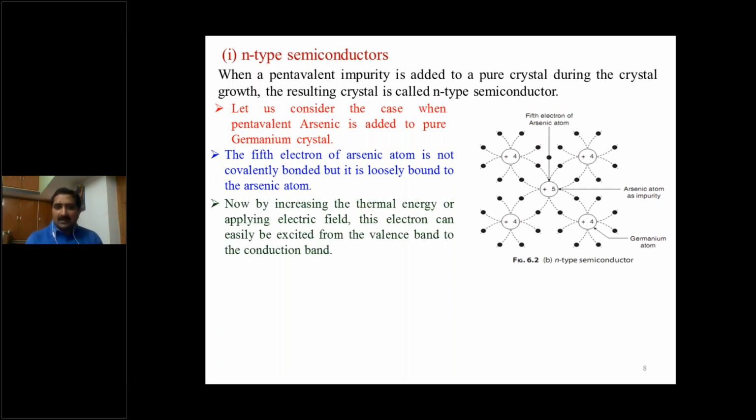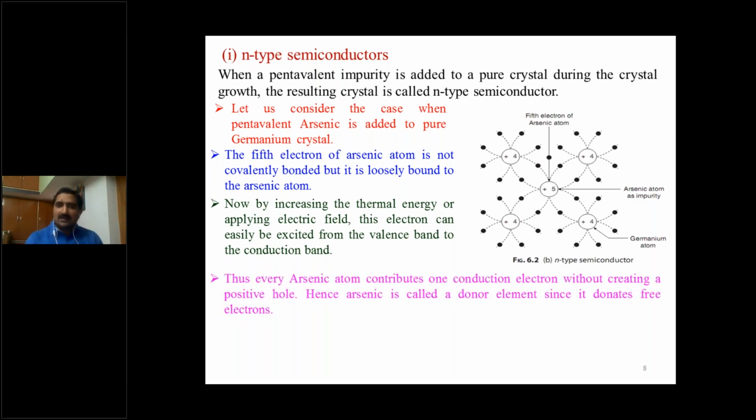By increasing the thermal energy or by applying an electric field, this electron can easily be excited from the valence band to the conduction band. Thus, every arsenic atom contributes one conduction electron without creating a positive hole. In an intrinsic semiconductor, when we give a small amount of energy, the covalent bond breaks and the electron moves from the valence band to the conduction band.